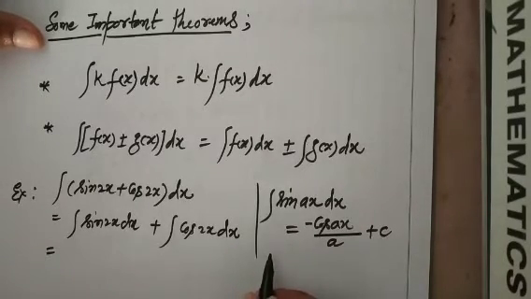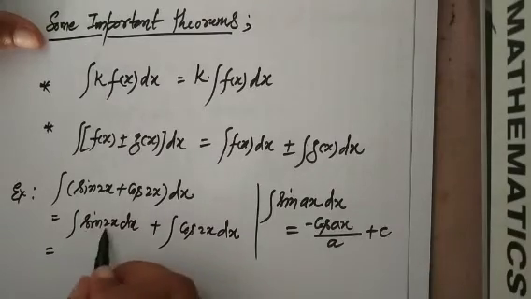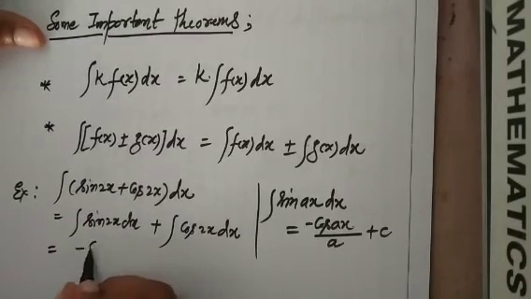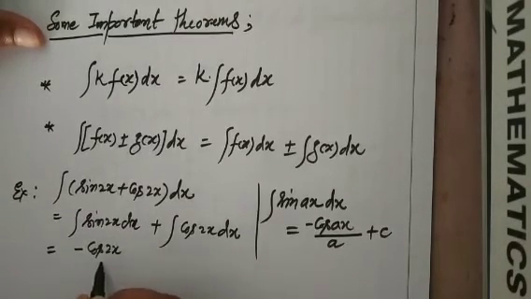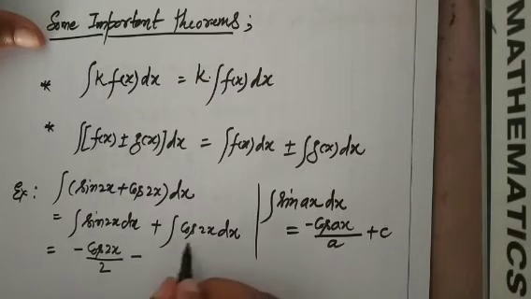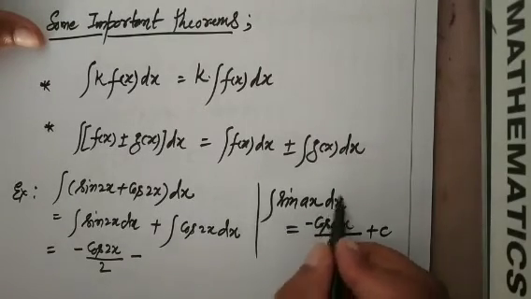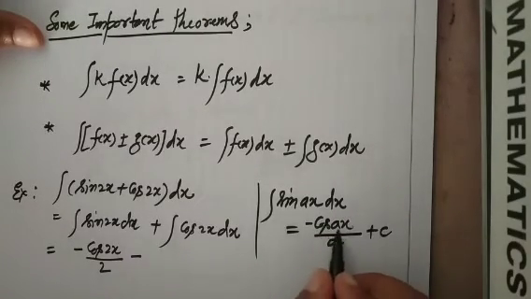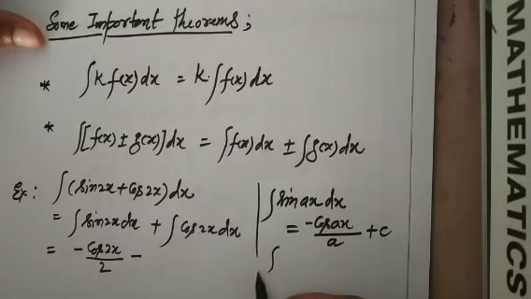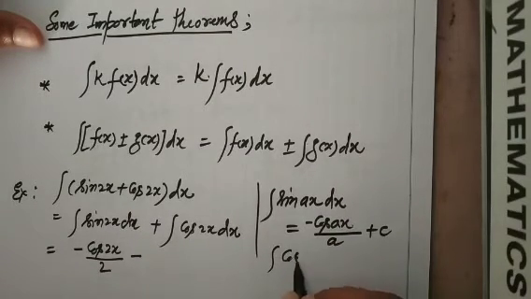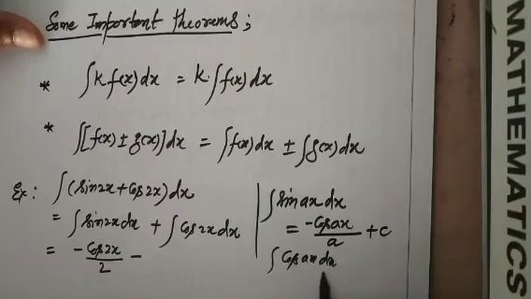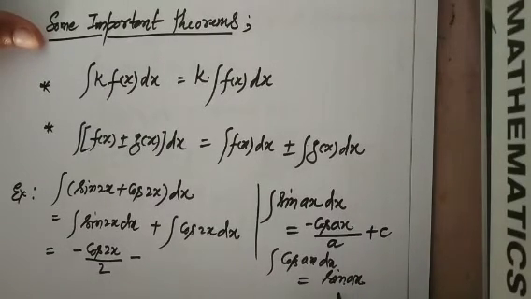So here, using the same concept, sin 2x dx will give us minus cos 2x upon 2. Similarly, as we have for sin ax dx, we have the integral of cos ax dx as sin ax upon a plus c.